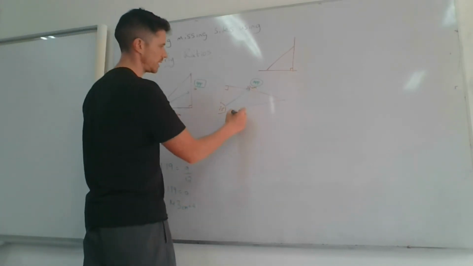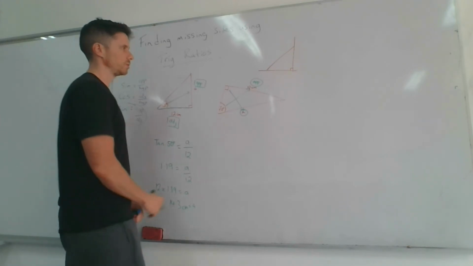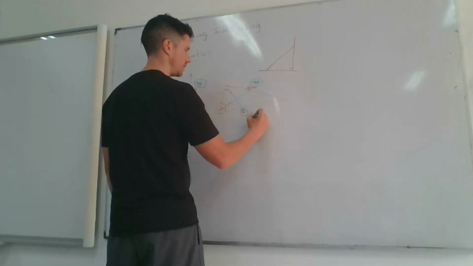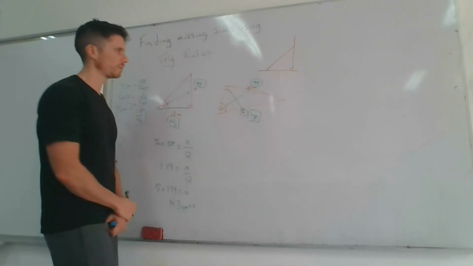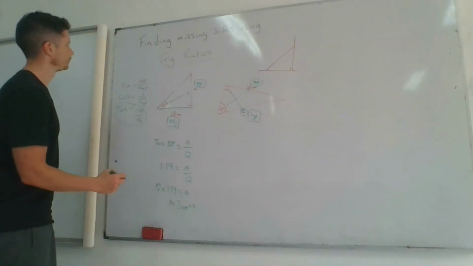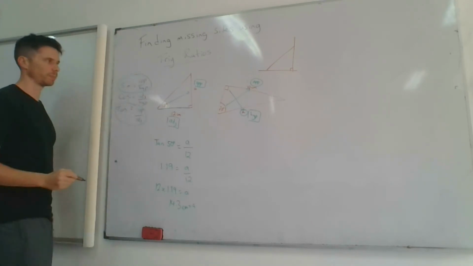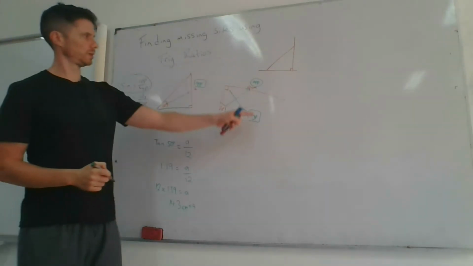Now, which one is x? Well, it's across from the right angle, so it is the hypotenuse. So I have hypotenuse and opposite. Which one do I use? Sine. Opposite, hypotenuse.